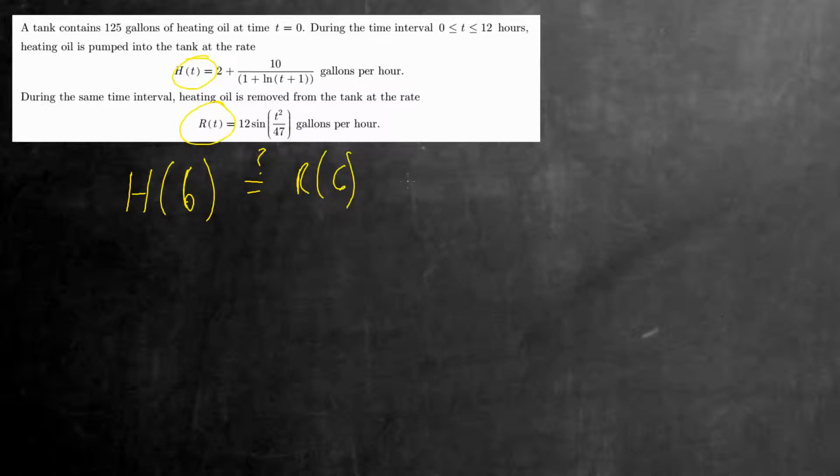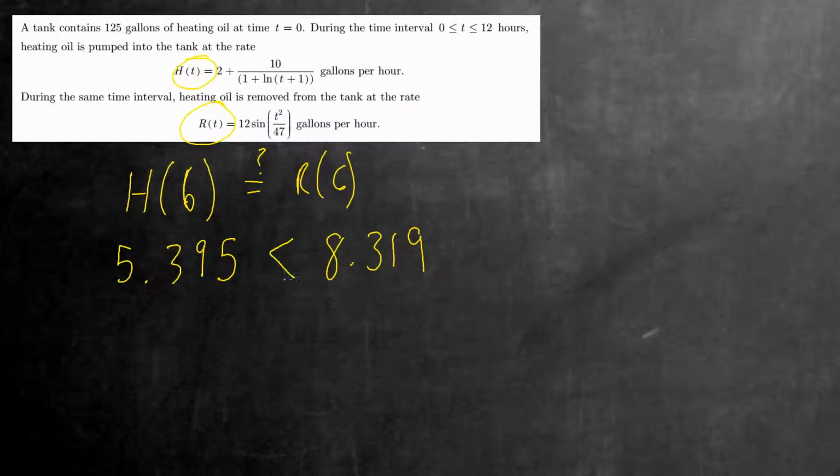Plugging it into my calculator, h of 6 is 5.395 and r of 6 is 8.319. So if my amount removed is greater than my amount put in, the level of the tank should be falling.